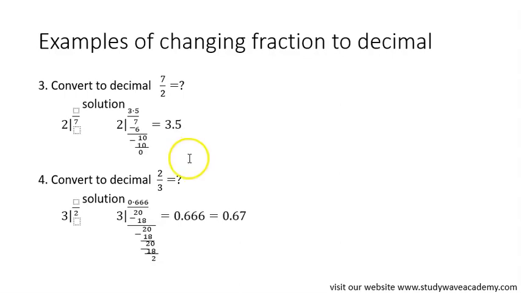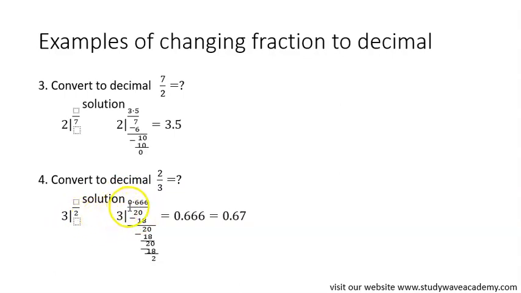Let's look at another example. Convert to decimal 2 over 3. Can 3 go into 2? No. Remember, we are using the long division. So we write 3 and 2. Write 0 up and put a decimal point for us to add 0 to 2.